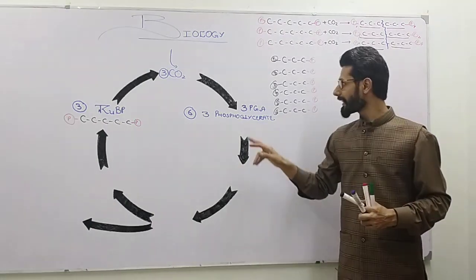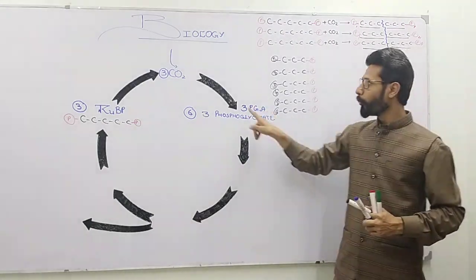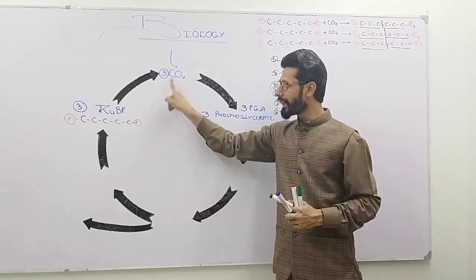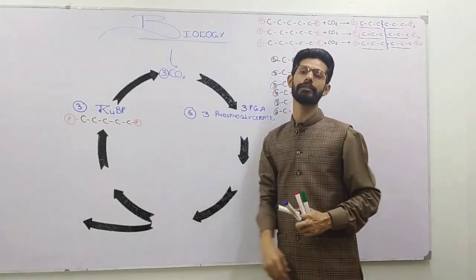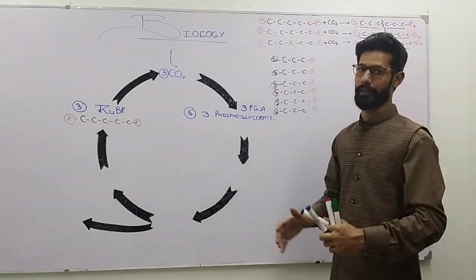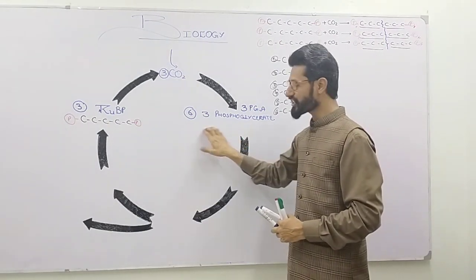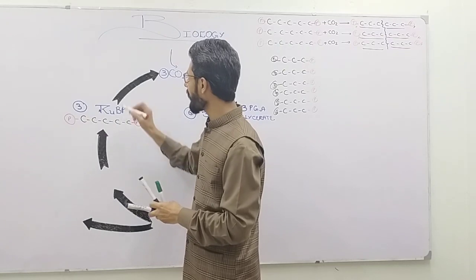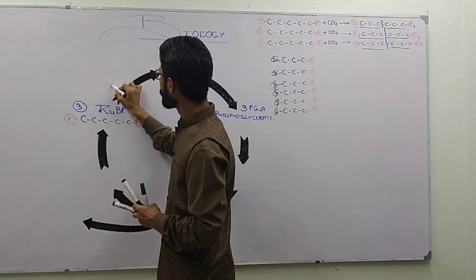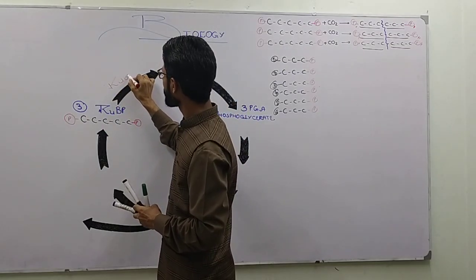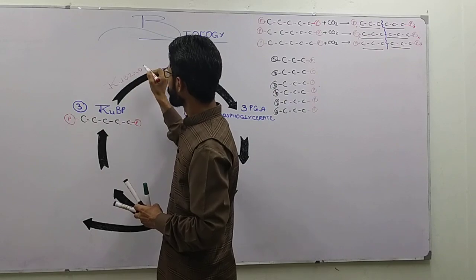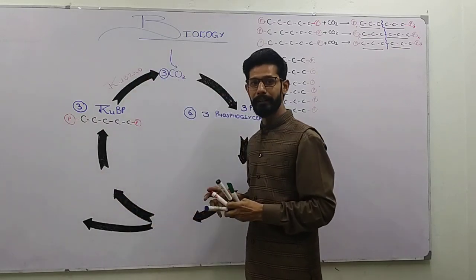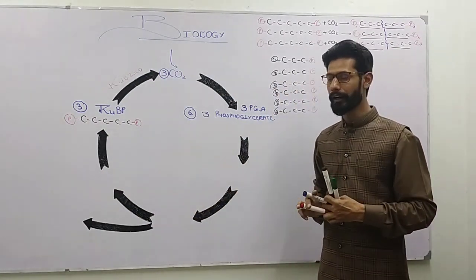So 3-PGA forms when 3 carbon dioxide are added to 3 molecules of ribulose bisphosphate. This reaction is performed by an enzyme known as Rubisco. Rubisco is the most abundant protein found on earth.